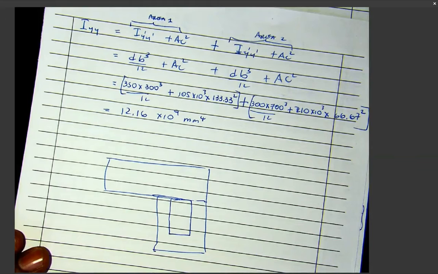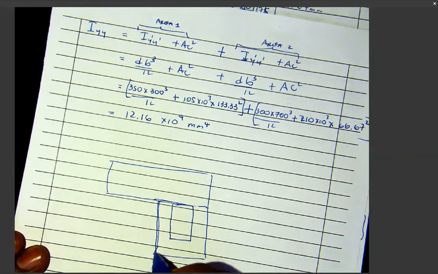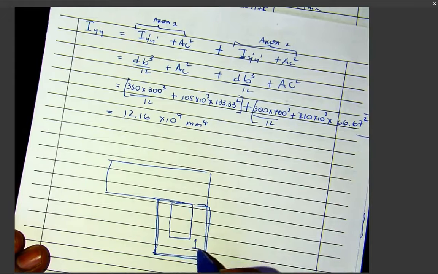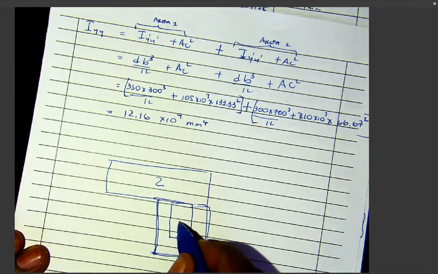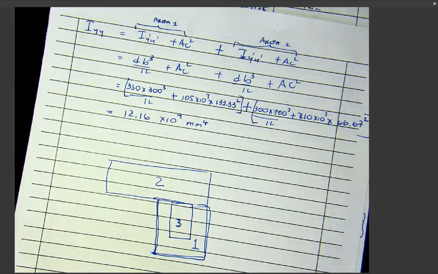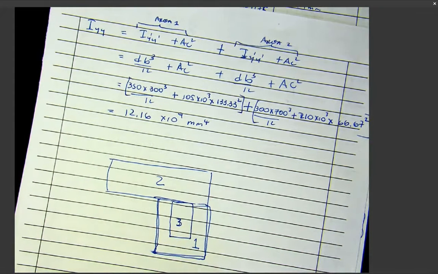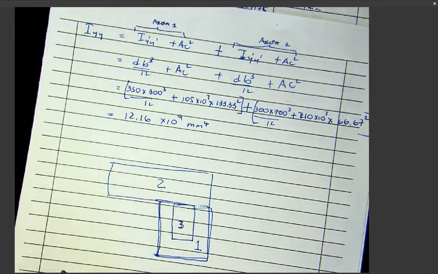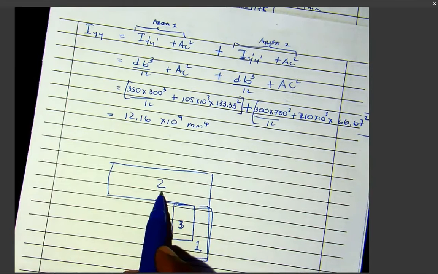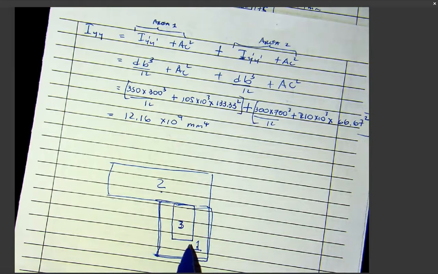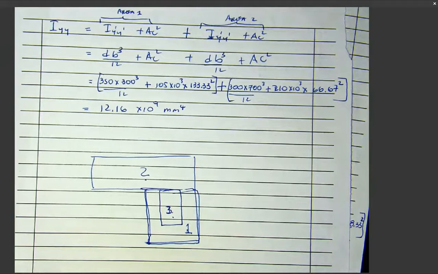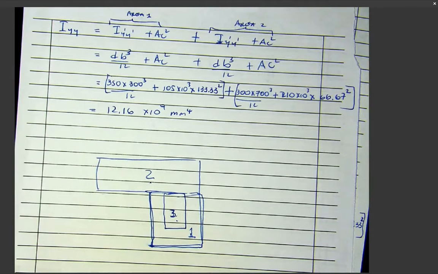This area is area 1, this area is area 2, and the opening is area 3. You work out your position the same way, but when working out your y lower and y upper, it's area 1 times whatever distance, area 2 times whatever distance, and then minus area 3 times whatever distance. But we will do a problem like that later, not now.